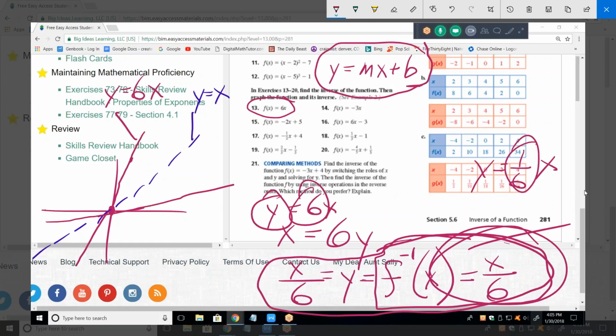That's a perfect reflection of the first red line. So this is the inverse. And we know what it is. f inverse of x equals 1/6 x. That's that lower line. All right.